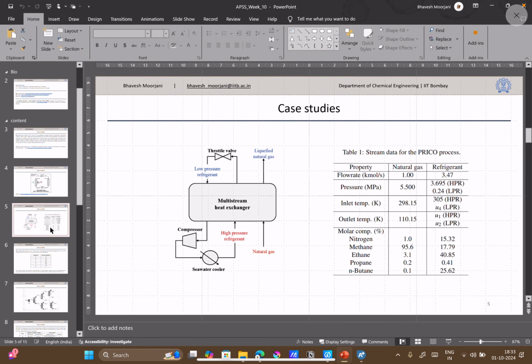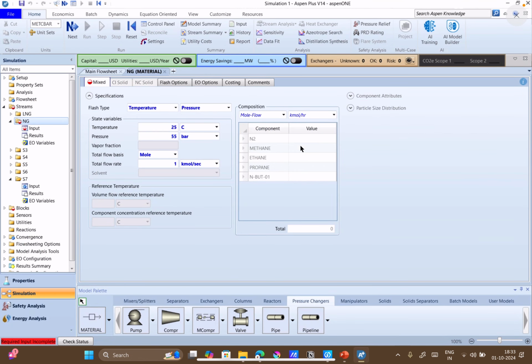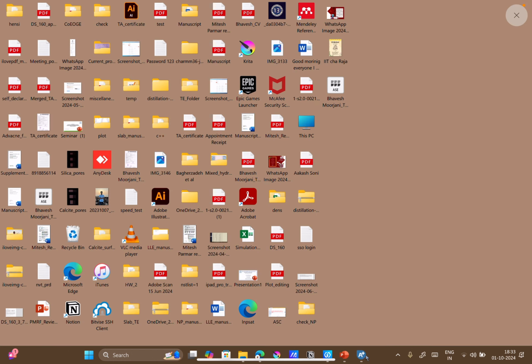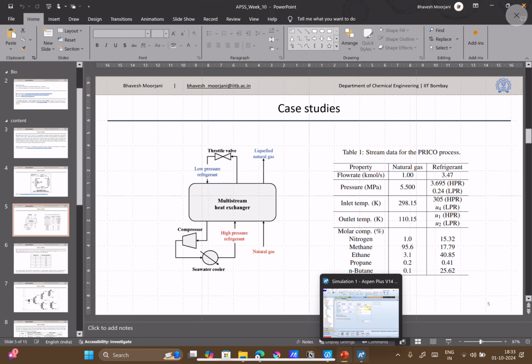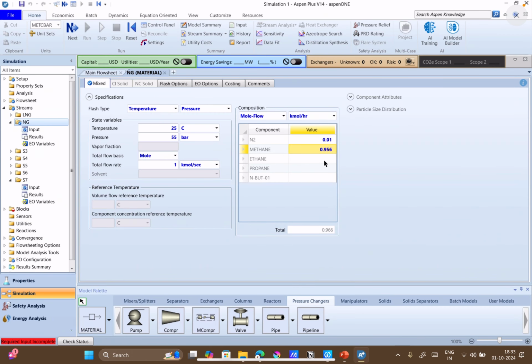So the composition is provided here: we have 1% nitrogen, so 0.01, methane is 95.6%, so 0.956, sorry, ethane is 3.1%, so 0.031, propane is 0.2%, so 0.002, and the rest 0.1% is butane, and these are the mole fractions.